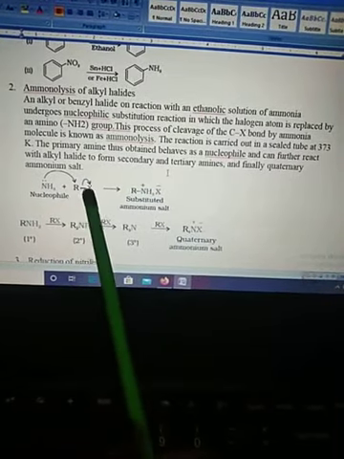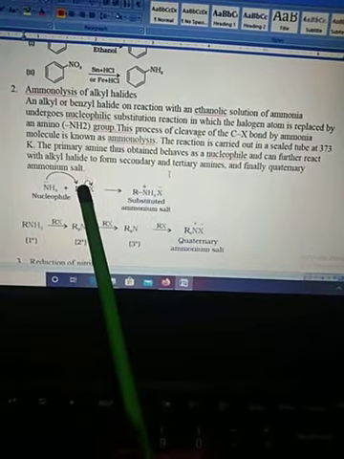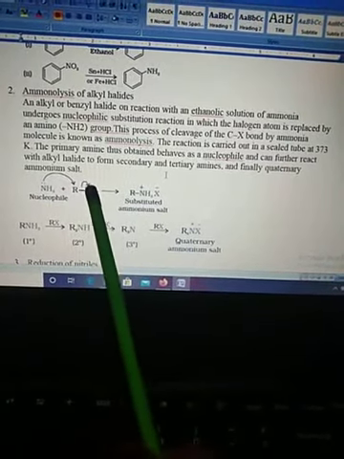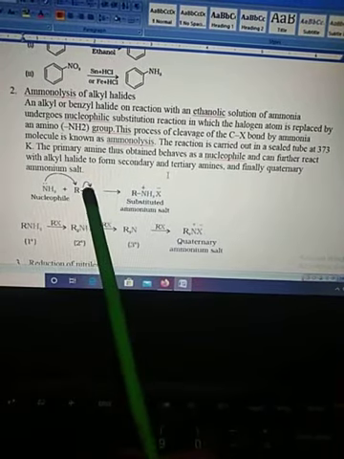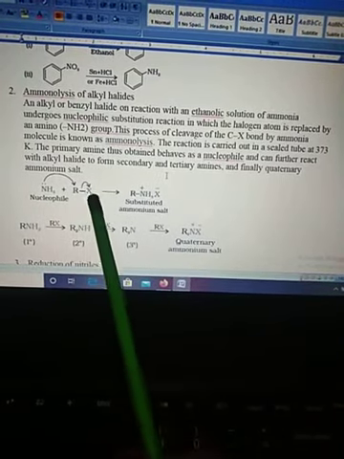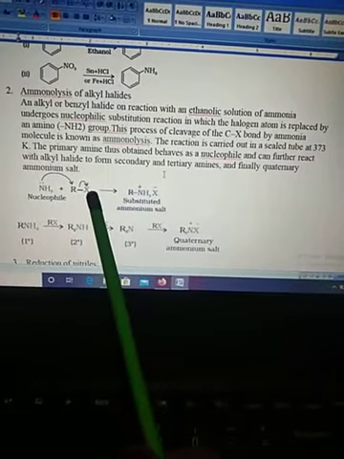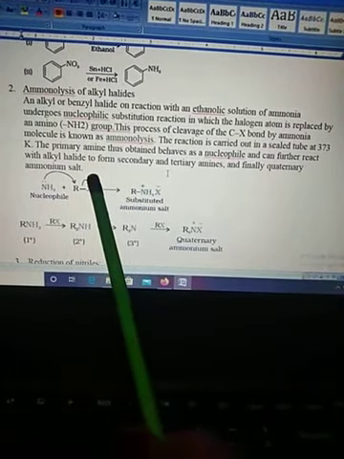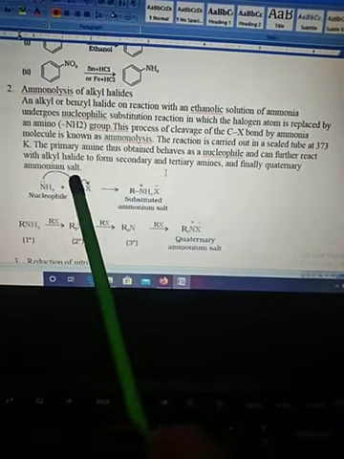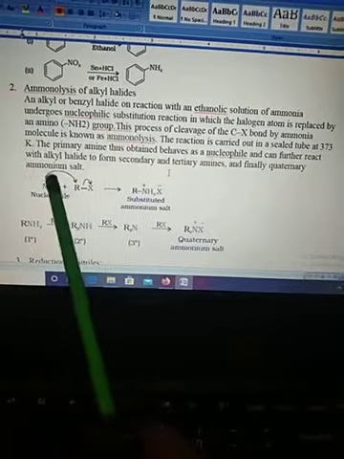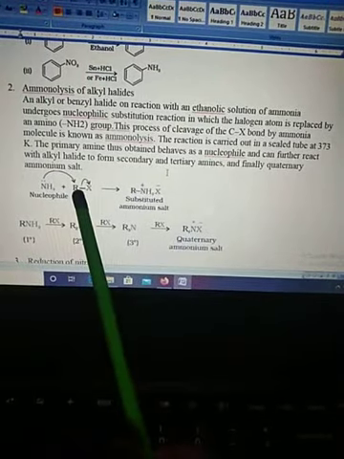As we know, in alkyl halides the halogen atom is attached to a carbon atom, so the bond is polar in nature, and if the bond breaks, it will break towards the halogen atom, either chlorine or fluorine, because of the electronegative element. So this will carry a negative charge and this will carry a positive charge, and ammonia contains a lone pair of electrons which can take the positive part from the alkyl halide.